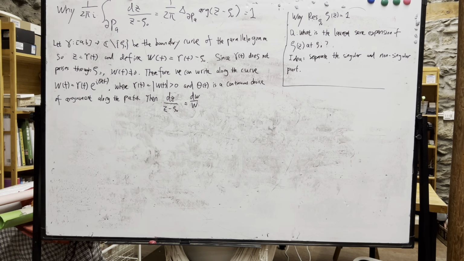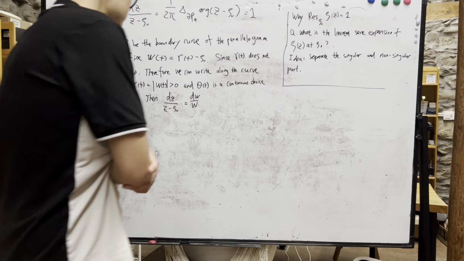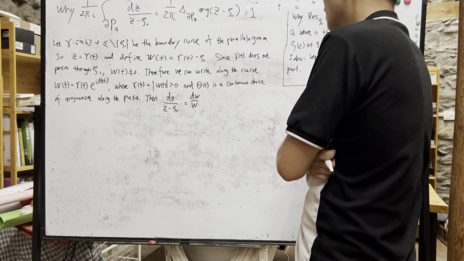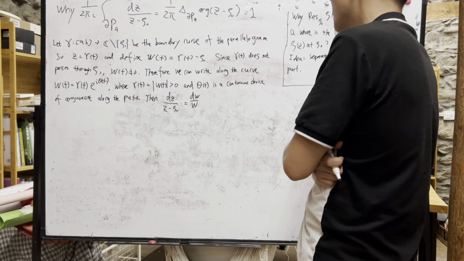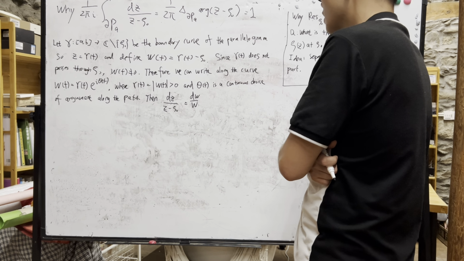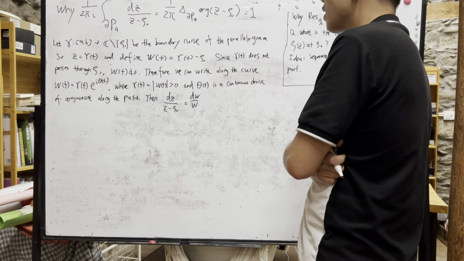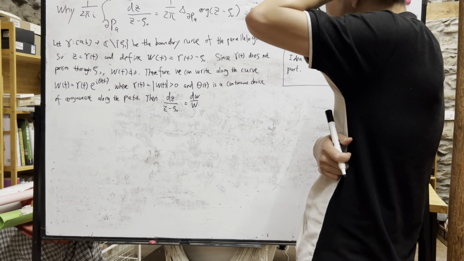So I was having a question: why is there a continuous choice of the argument along the path?